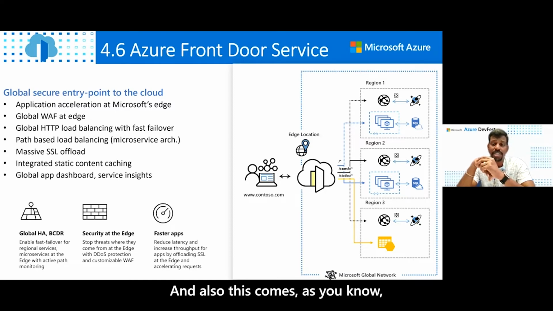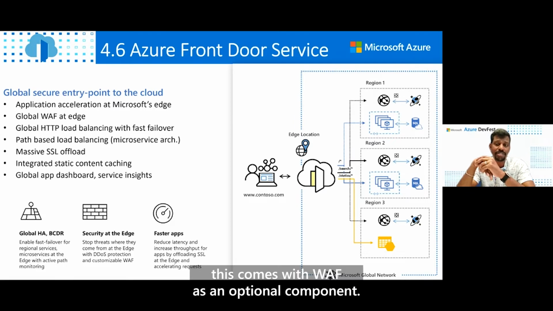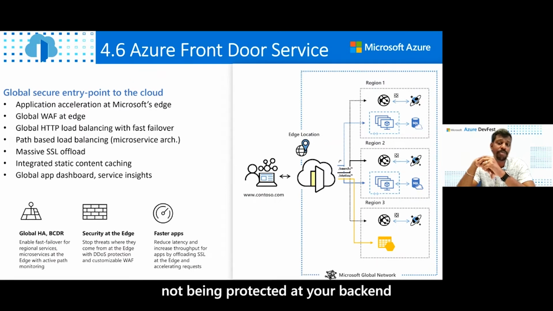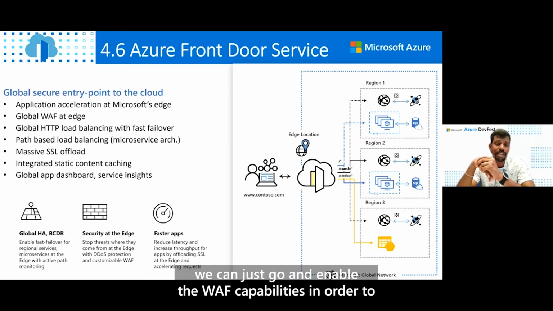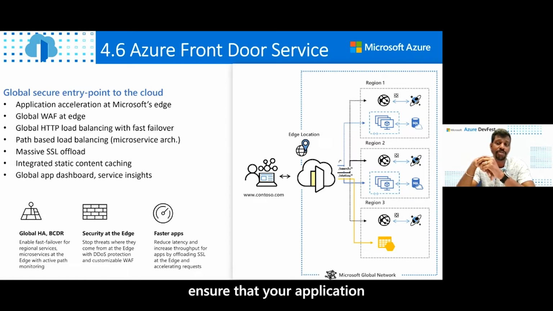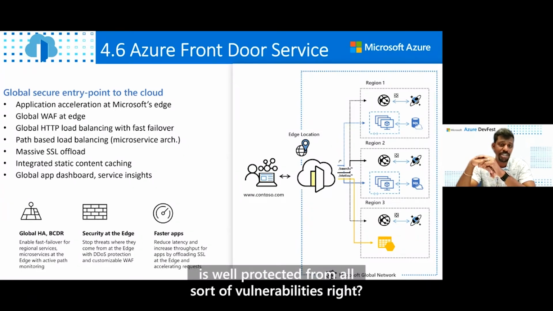Right, and this also comes with a WAF as an optional component. In case you are hosting applications that are not being protected, or your backend does not have protection, we can go ahead and enable WAF capabilities to ensure that your application is well protected from all sorts of vulnerabilities, right?